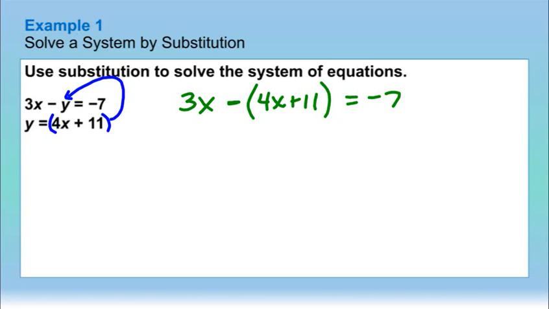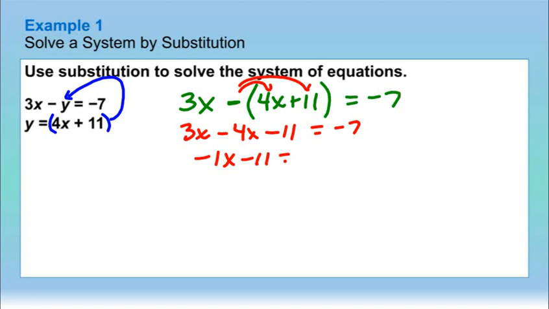Now, since I'm subtracting all that, I'm really distributing a negative 1. So this is really 3x minus 4x minus 11 equals negative 7. Now I can combine like terms, and I get negative 1x minus 11 equals negative 7. To get negative 1x by itself, I add 11, and I'll have negative x equaling a positive 4.